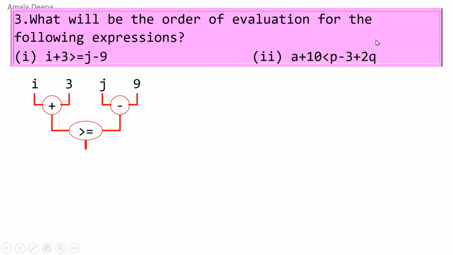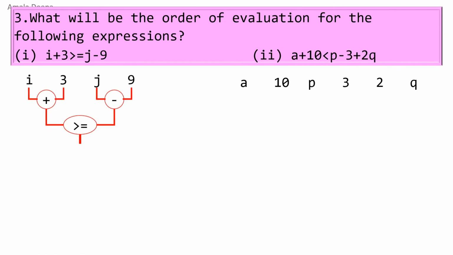This expression is also a relational expression. a plus 10 is an arithmetic expression. p minus 3 plus 2q is an arithmetic expression, and both are joined by the relational operator less than. And in the right hand side arithmetic expression, you should be very careful. They have given us 2q, but it is actually 2 into q. So the variables and constants from this expression will be a, 10, p, 3, 2, q. Observe here that I have separated and written 2 and q.